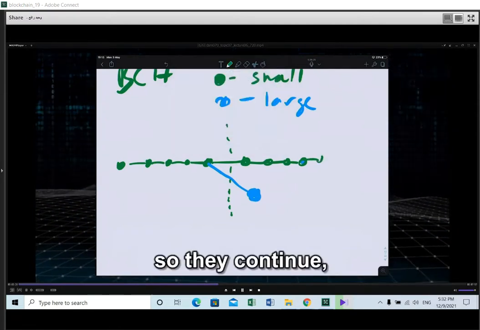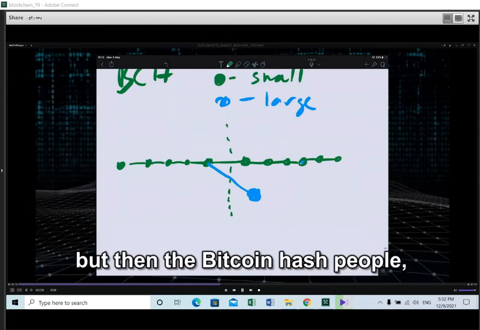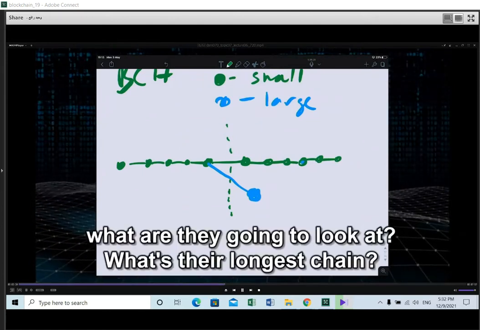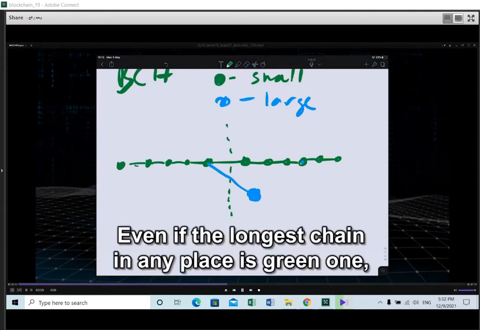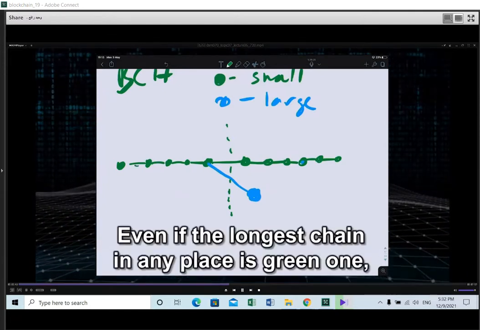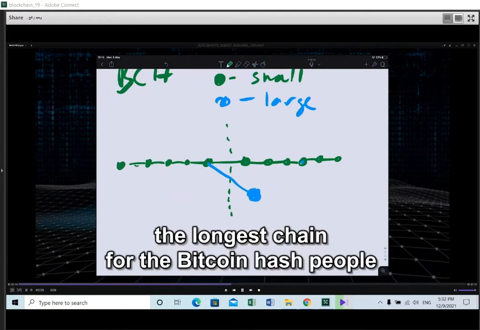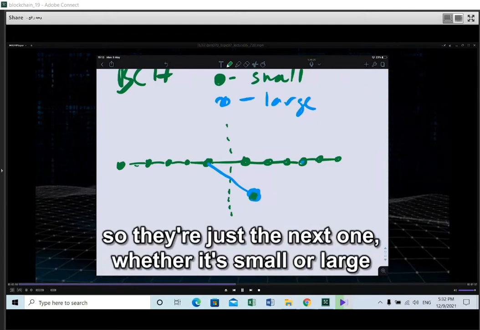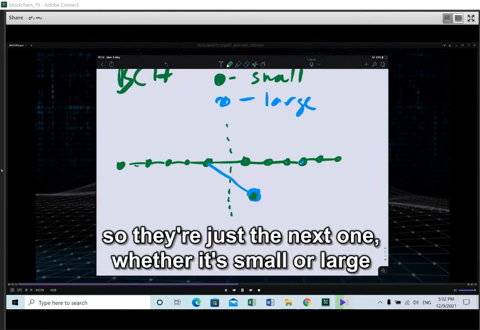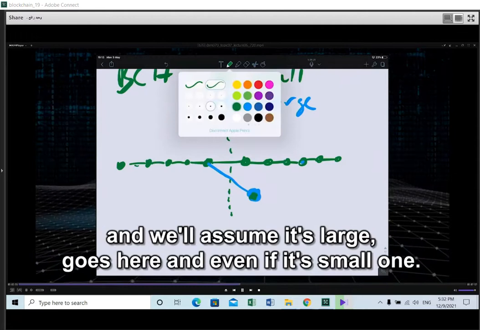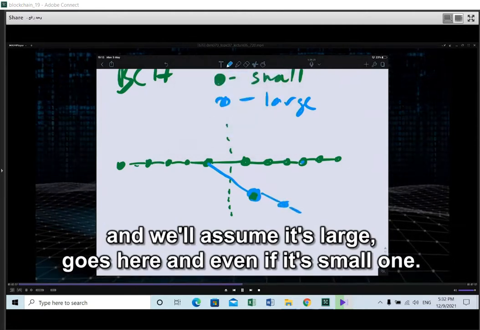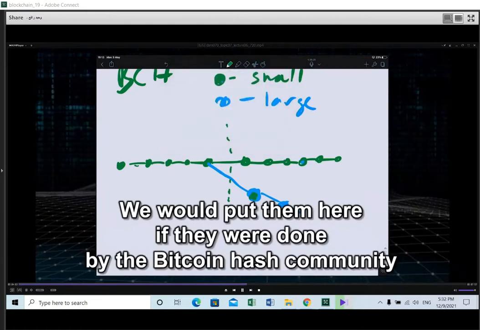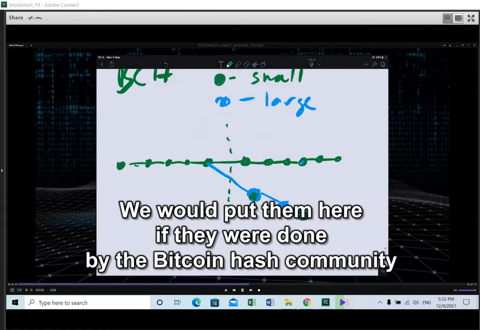Well, the Bitcoin people are still building here. So they continue. But then the Bitcoin Cash hash people, what are they going to look at? What's their longest chain? Even though the longest chain in any place is this green one, the longest chain for the Bitcoin Cash hash people is this one that leads to here. So the next one, whether it's small or large, we'll assume it's large, goes here. And even if it's a small one, we would put it here if it was done by the Bitcoin Cash community.